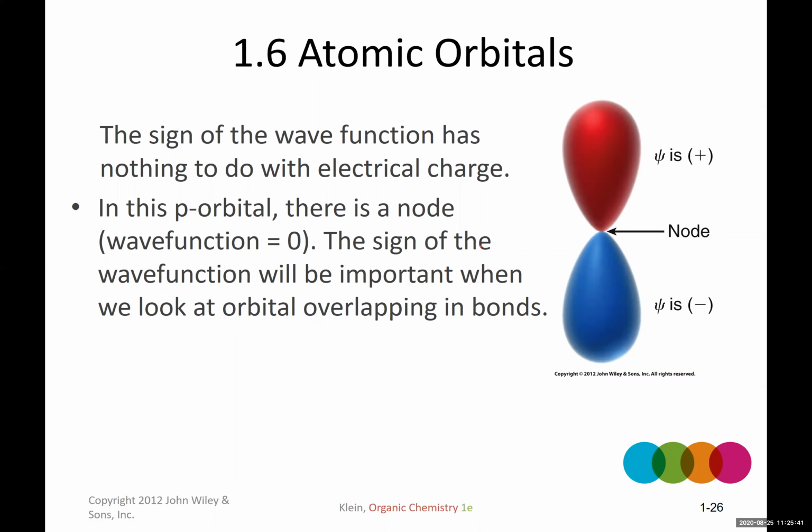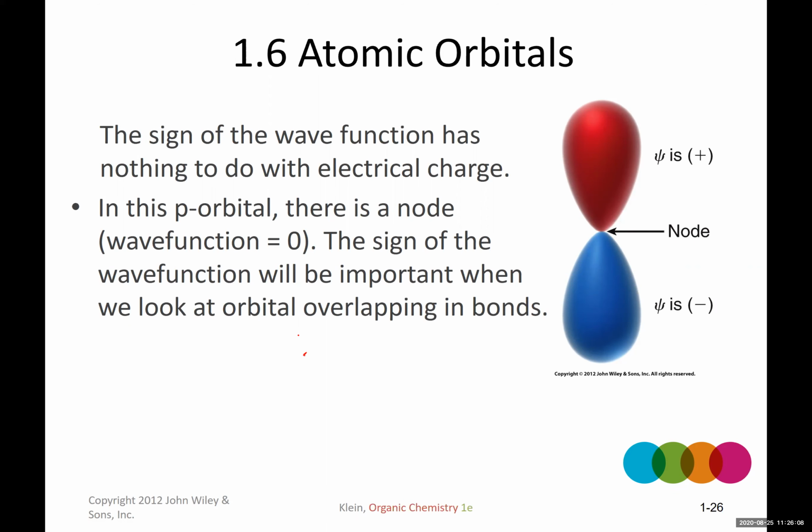The red is a positive amplitude, and the blue represents the negative amplitude of the wave equation that describes the orbital. That's really all you need to understand on that level. And the node is the point where there's no electron density. There are no electrons at that point. The electrons are in this spatial region.